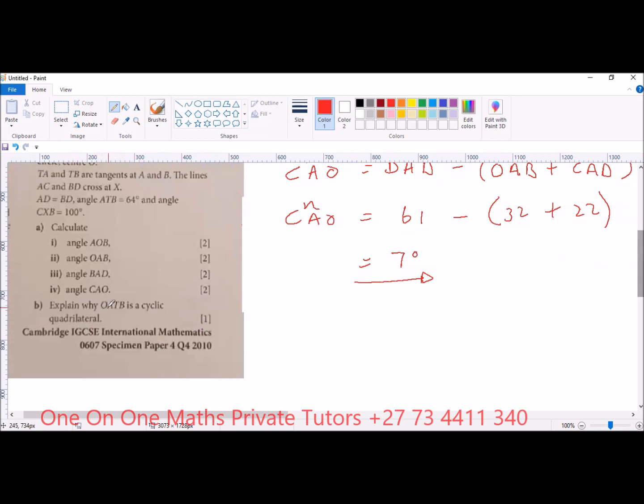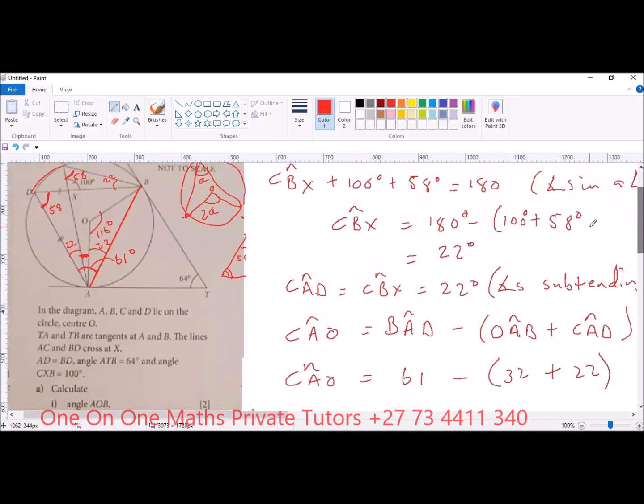Explain why OATB is cyclic. So this is a kite, isn't it? It's a quadrilateral, and these adjacent sides are equal.